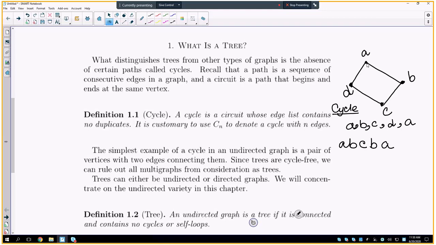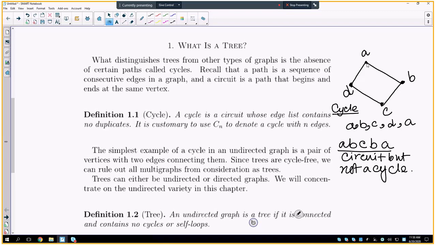So this one is a circuit, but this is not a cycle.